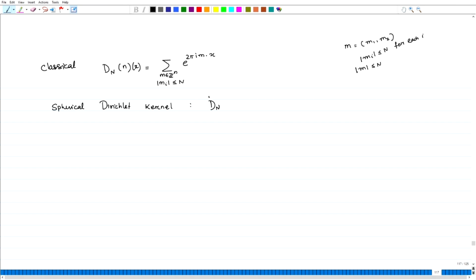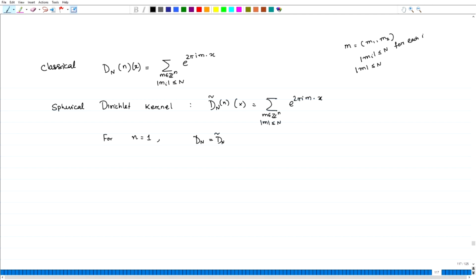We will denote it as D n tilde, dimension n at the point x, with mod of m less than or equal to n, and e to the power 2 pi I m dot x. So for dimension 1, as we are discussing, D n is equal to D n tilde, but in higher dimension they are going to be two different objects.